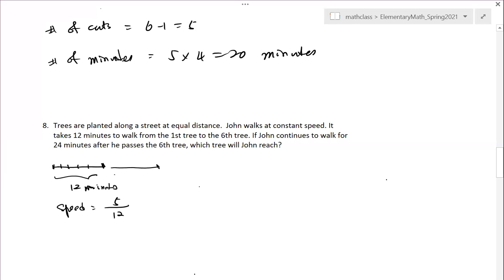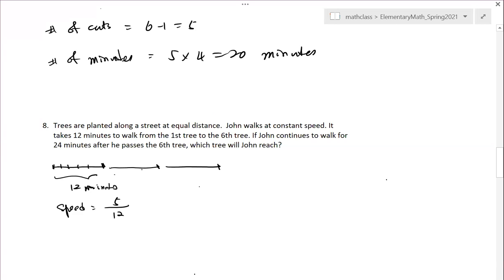24 is 1, 2, right? 12 minutes you walk this kind of distance. Okay. And then you figure out how many trees there are total, right? How many trees? Okay.